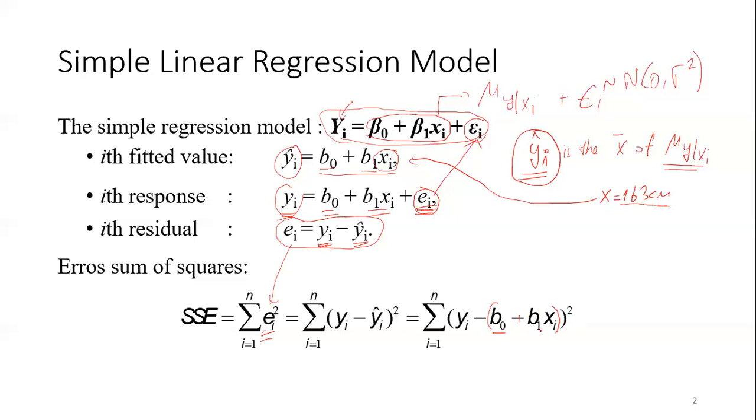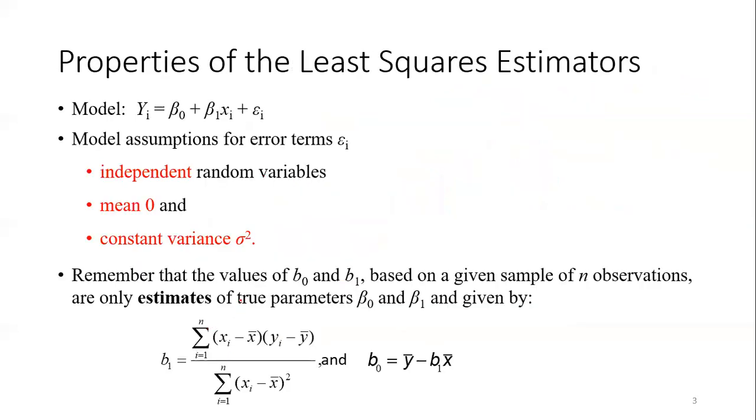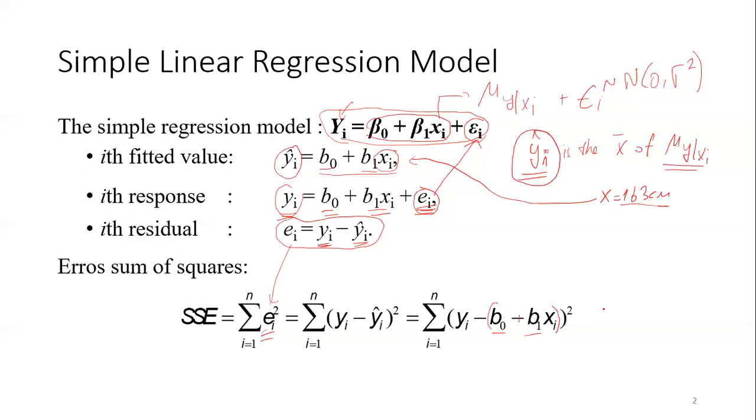Find the b0 and b1 that minimize the sum of squares, right? And there were formulas which I don't memorize, but for b0, what was it? It was something like y bar minus b1 times x bar. I don't know it by heart, so I don't expect you to know it by heart.